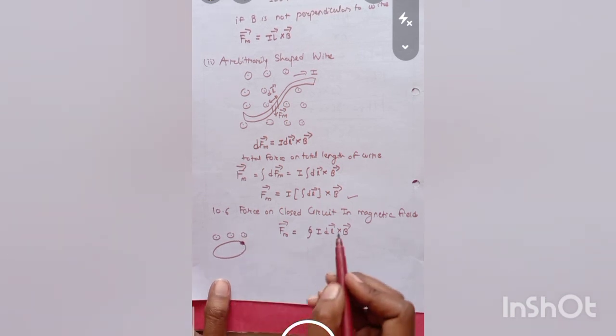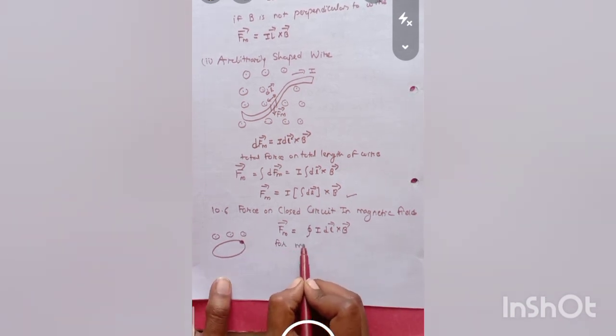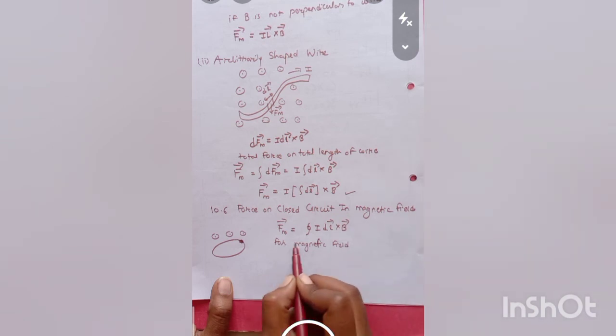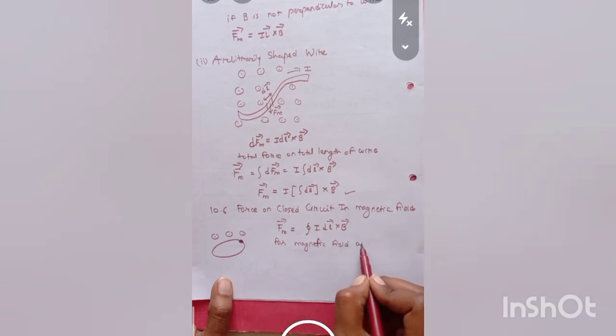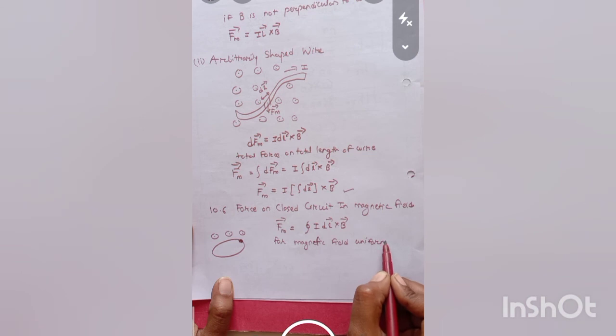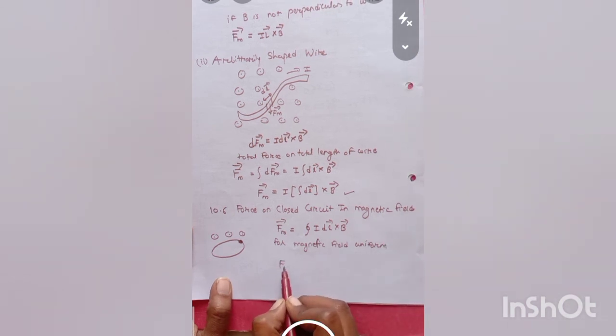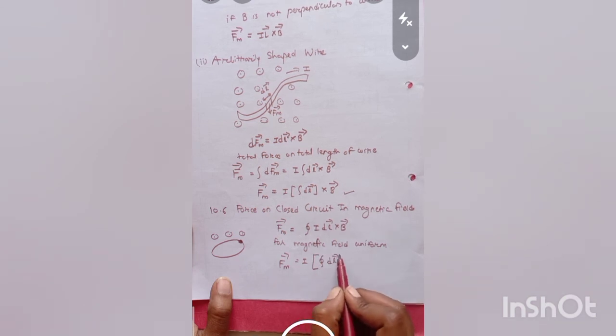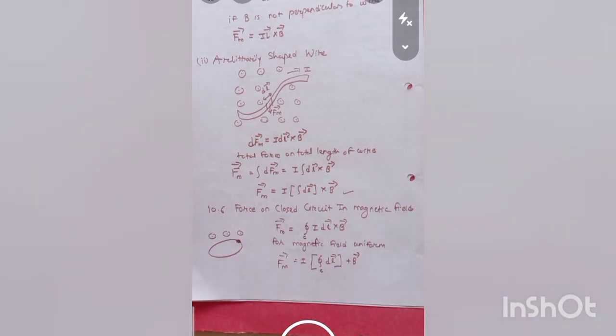Now if the magnetic field is uniform, for magnetic field uniform, then vector Fm will be given by I in square brackets, integral of dl, cross vector B. So here C tells you the integral over the closed circuit.